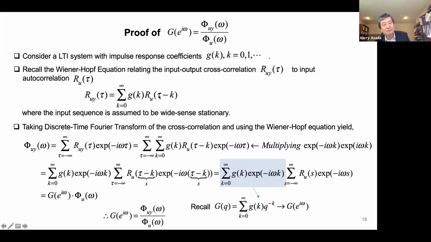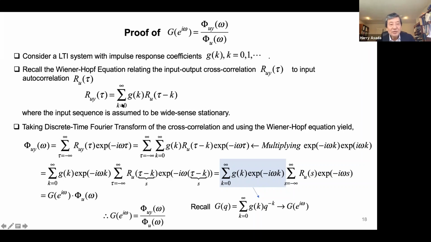Now what we would like to do is to look at the Fourier transform of this cross correlation, which is the cross spectrum, given by this definition. We multiply by exponential minus i omega tau, and then take the summation from minus infinity to infinity with respect to tau. So tau is integrated out, and it turns out to be a function of omega.